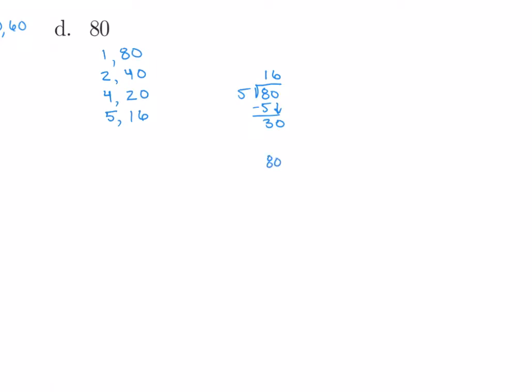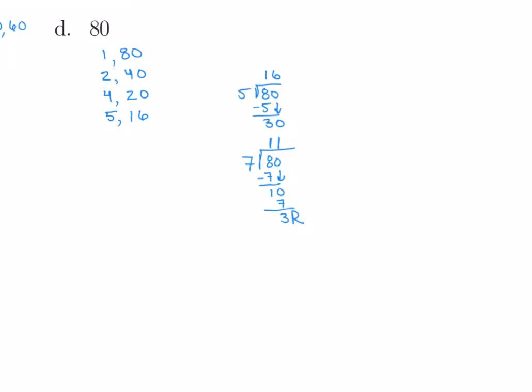Well, just to show you why not, if we divide by 7, we get 7 goes into 8 one time. 7 goes into 10 one time. And we have a remainder, so 7 does not go into 80 evenly.